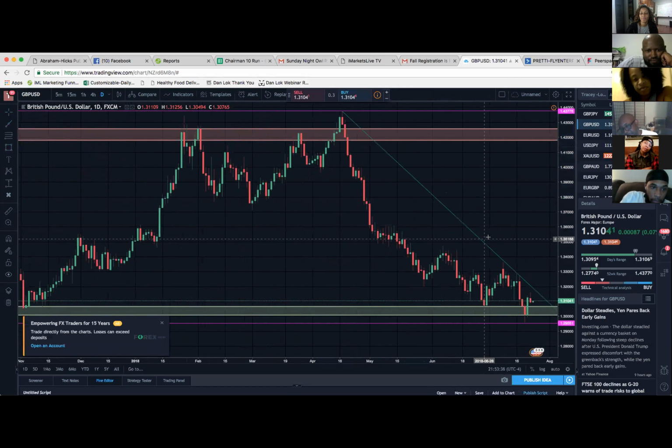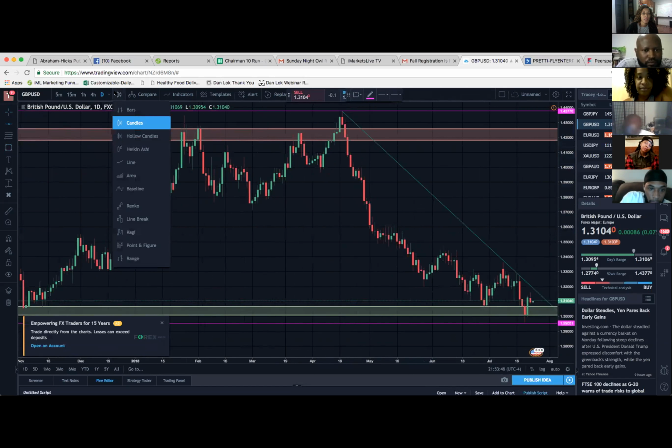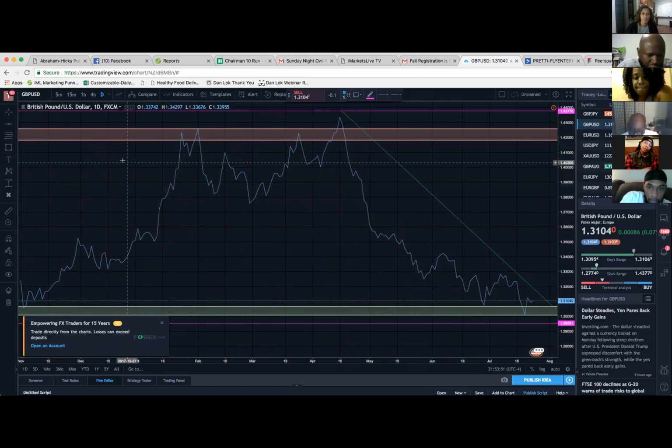So next, we draw support and resistance lines. A lot of times I go to the line chart for that one. So let me see, do we start at the top or the bottom?